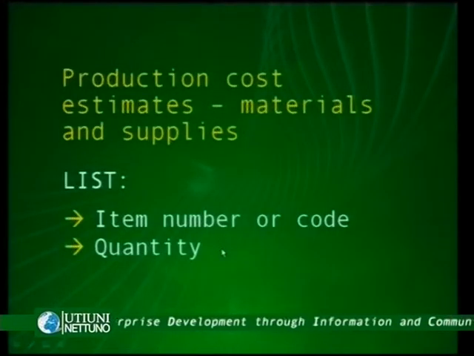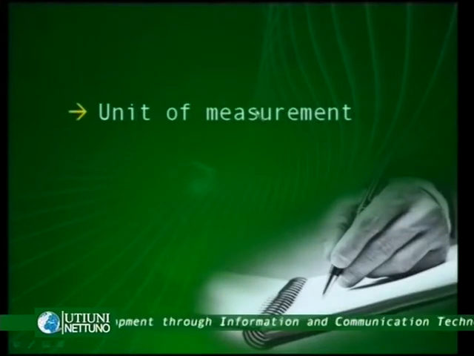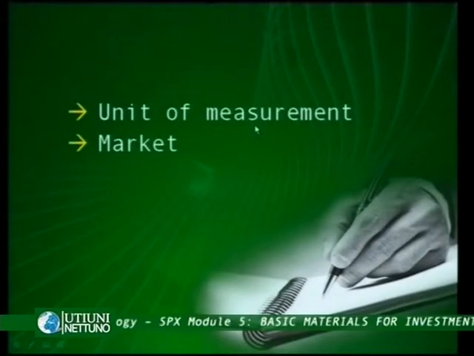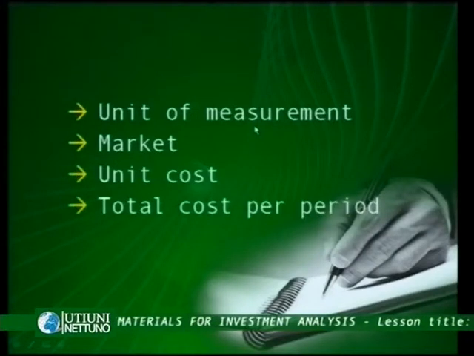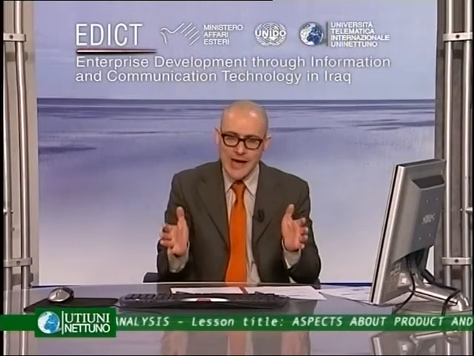Quantity, unit of measurement that, as we've seen, could change from country to country according to the national or international standards. Market, unit cost, and total cost per period. So, in terms of items, the production cost estimates related to supplies and materials should include all these elements.